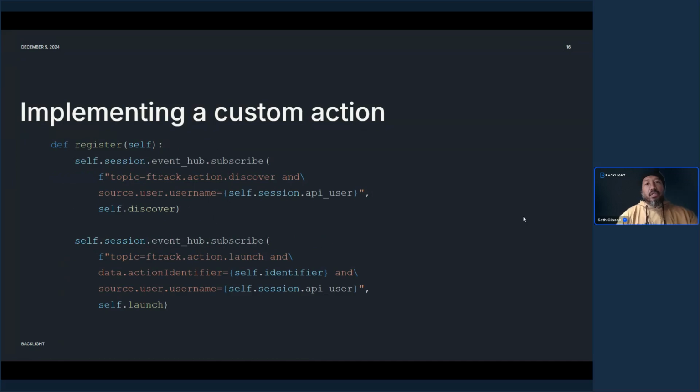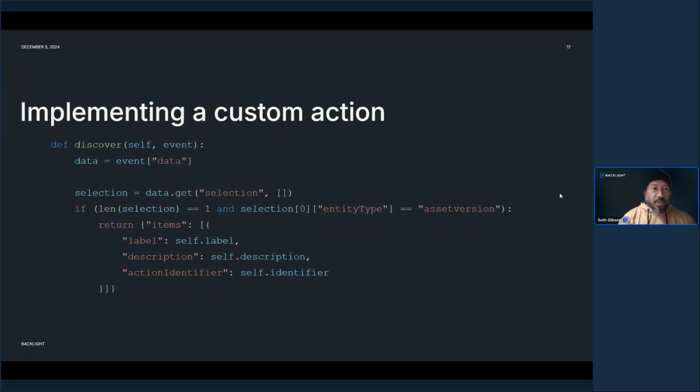And then register is where discover and launch are bound to. So you can actually extend this and bind to any other events that you're interested in. And I believe these two are the only ones that you actually need, though. So you can keep it simple, or like we mentioned, say you want something to happen on a custom event that you've published, you could add that here as well.